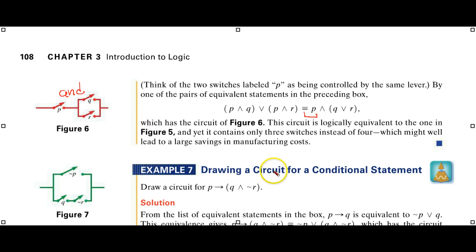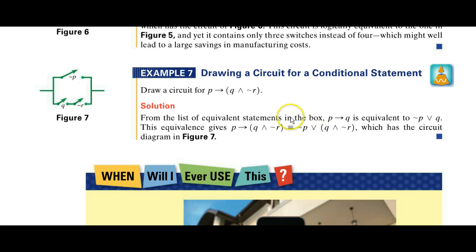Another way in drawing this one, they ask you to draw the circuit, look at it carefully, and see that in a sense this is represented by this here. To find it, you'd have to go back to your equivalent statements, where P yields Q is equivalent to not P or Q. And that's what they're showing here.